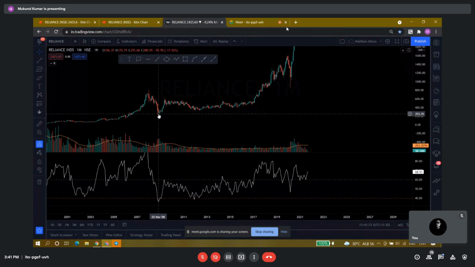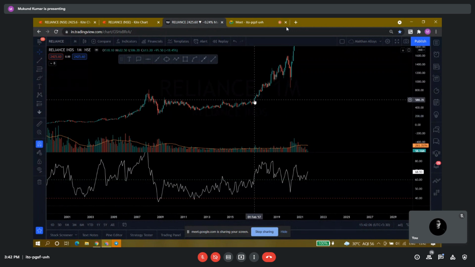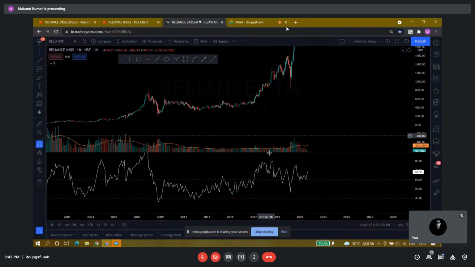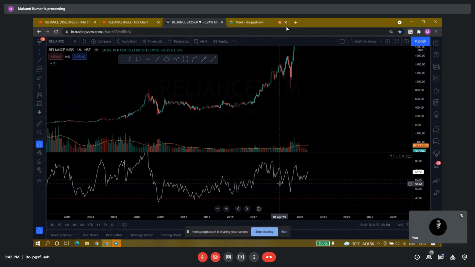But see the time, see the opportunity cost that you are paying. The opportunity cost is 9 years. You have wasted 9 years for a return of just what, the stock in a range of 200 or 300 rupees. However, if you had put the money at this particular level, you would have made more than that return in just 2 years. In 2019 it made a high from here, and then again reached the 60 level.